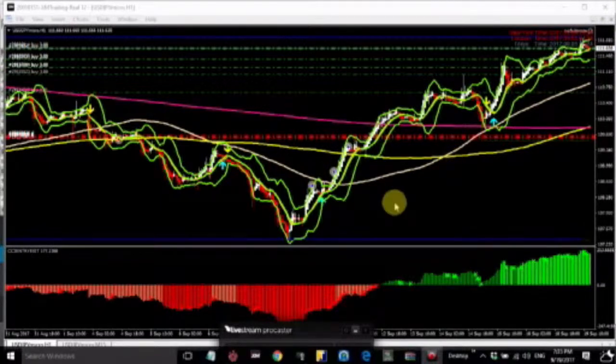So what you want to do is understand the fact that whenever there's going to be a major retracement, that major retracement will end by touching the moving average 200. That is the major retracement. But it doesn't happen all the time.